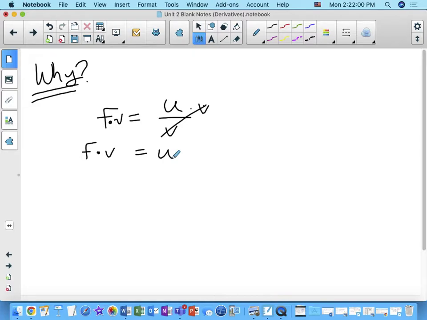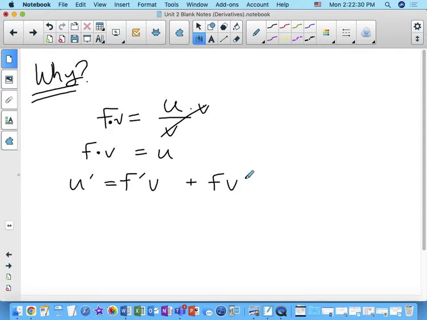And I'm going to now use the product rule to find the derivative of u. Because now this is a product, so I can find the derivative of u since this is a product. Okay, so u prime is f prime v plus f v prime. So far, so good?